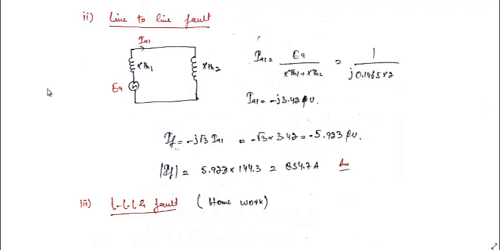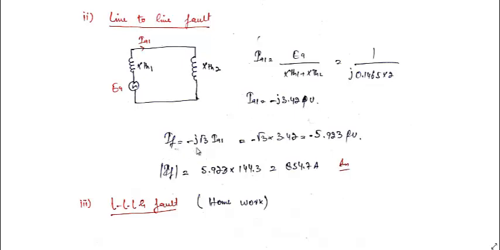Similarly, now it is very simple because we have calculated the Thevenin network. We can calculate the line to line fault for this circuit, which becomes like this: EA, XTH1, IA1 and XTH2. IA1 will be equal to EA divided by XTH1 plus XTH2. Since they are equal, it will be 2 times j0.1465. So IA1 will be equal to minus j3.42 per unit.